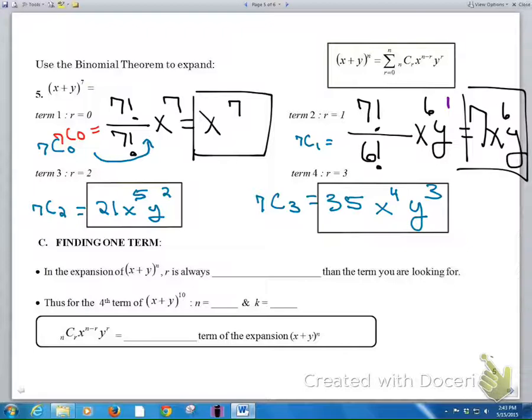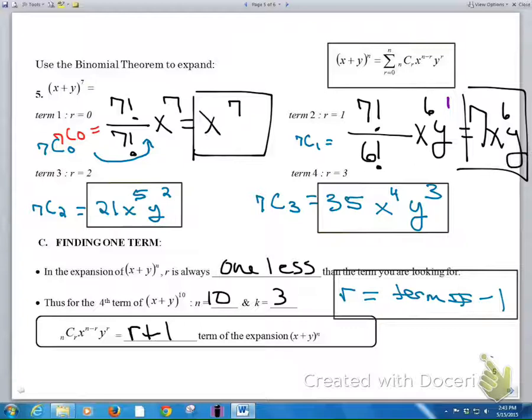So in the expansion of x plus y to the n, r is always 1 less than the term number. So we're going to use this formula. So in this case, n is 10, and they use k here, but that's r, same thing. R is 3. R is term number minus 1.